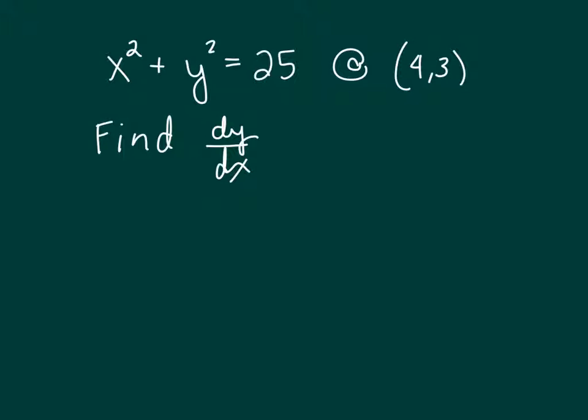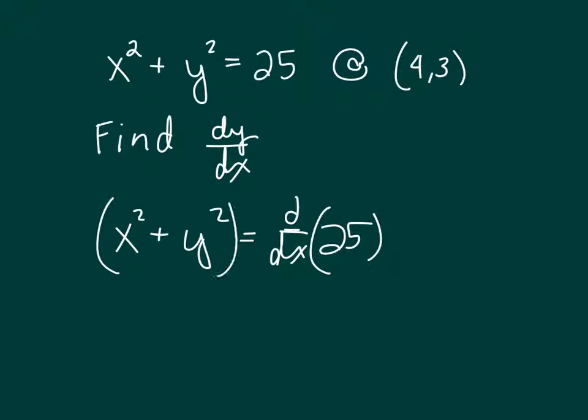And rather than solving for y, here's what I'm going to do. I'm going to take this equation and I'm going to take the derivative of both sides with regard to x. And let's see what happens. Well, when I take the derivative of x squared, that's just going to be 2x.